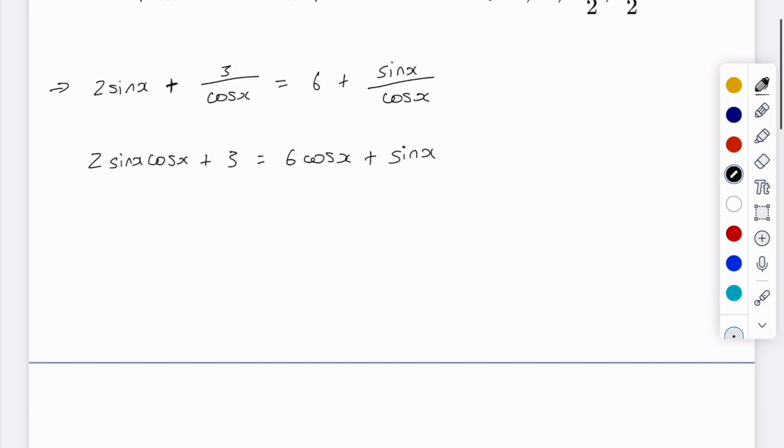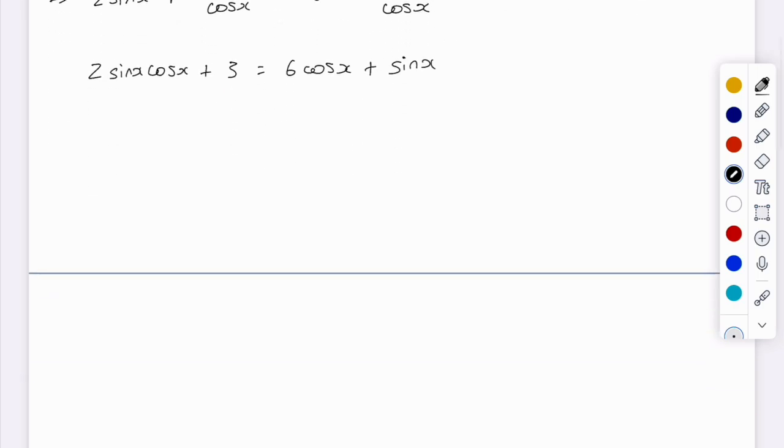And from here we get 2 sine x cos x minus sine x is equal to 6 cos x minus 3.